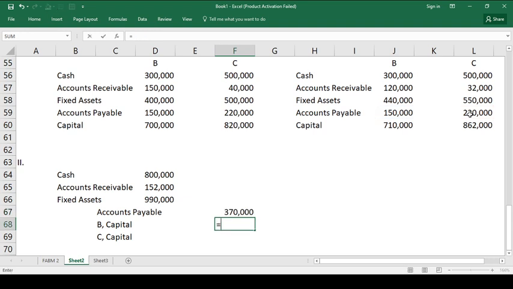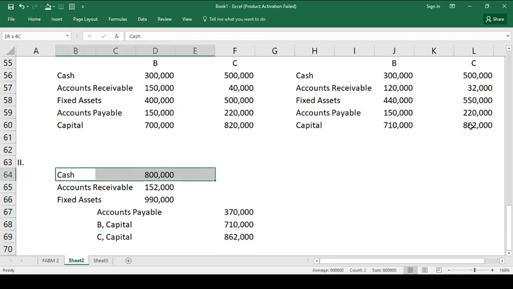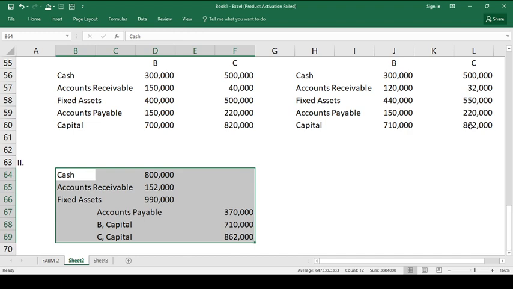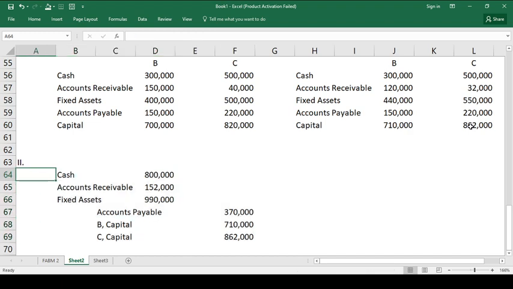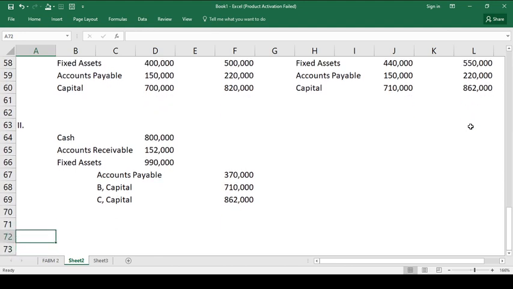And then for the capital balances for B, we have 710. And then for C capital, we have 862. This will be our opening entry related to the newly formed partnership. Okay. And then the last requirement, we are required to prepare the distribution of the net income.